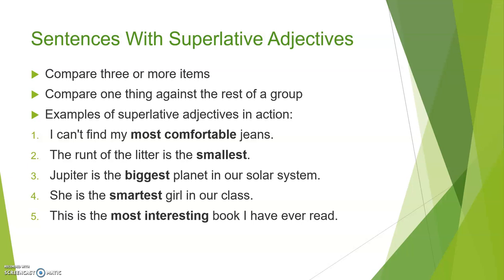Jupiter is the biggest planet in our solar system. She is the smartest girl in our class. This is the most interesting book I have ever read. In these sentences, most comfortable, smallest, biggest, smartest, and most interesting are the superlative adjectives.